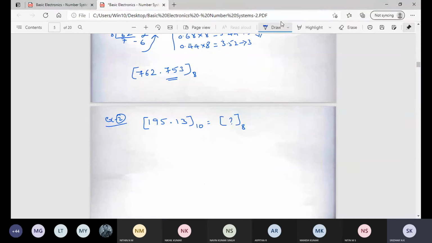Can you do this? The integer is 195, and the required base is 8. Divide by 8. How much will you get? 24.